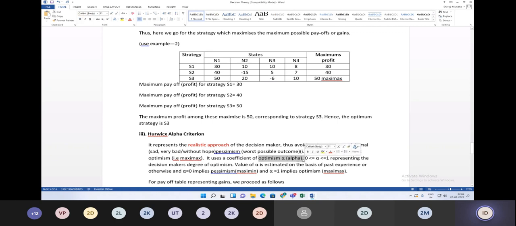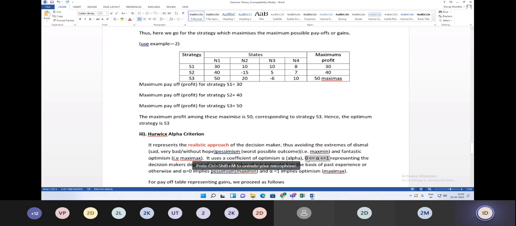In the Hurwitz alpha criterion, alpha is a coefficient, and that value is denoted. Now the alpha value belongs to, this is very important. In case of MCQ, they will ask that the alpha value lies in between 0 less than or equal to alpha less than or equal to 1.